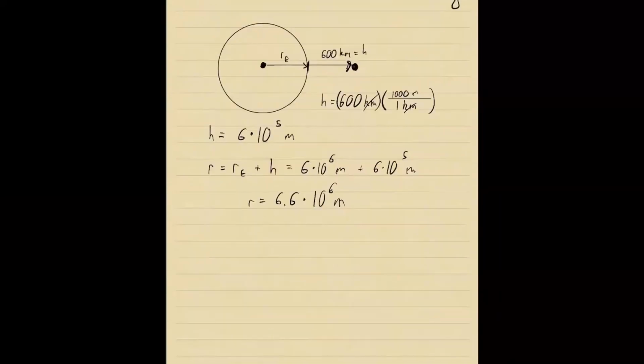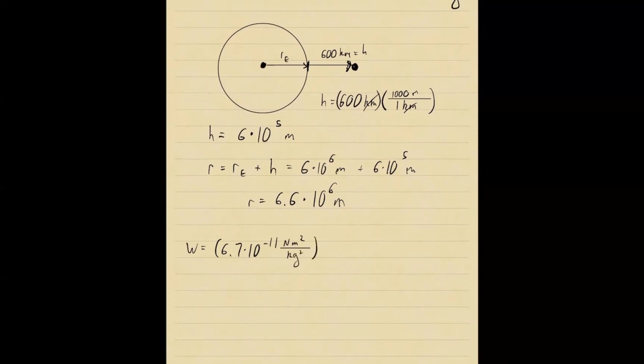Now when we calculate the weight, that's going to be equal to G, which is 6.7 times 10 to the negative 11 newton meters squared per kilogram squared, times the mass of the Earth, which is still 6 times 10 to the 24 kilograms, multiplied by the mass of the person, which is 100 kilograms.